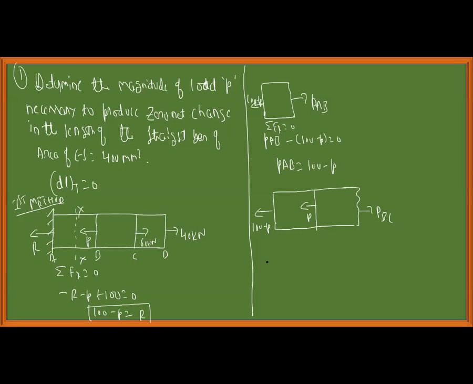Now I can write, summation of force in x direction is equal to 0: P of BC minus P minus of 100 minus P is equal to 0, or P of BC is equal to P plus 100 minus P, which is equal to 100 kilonewton.